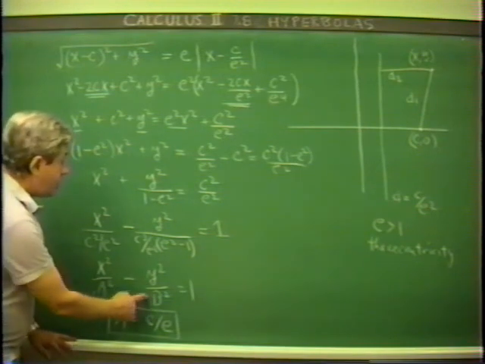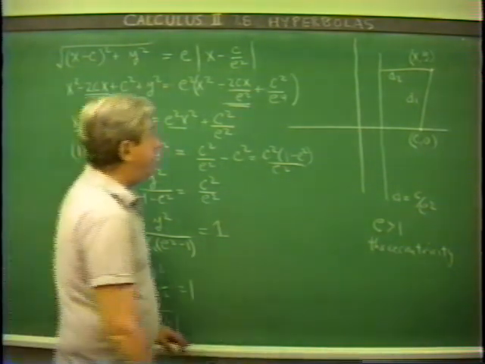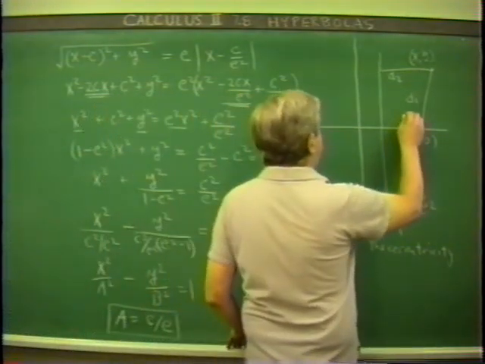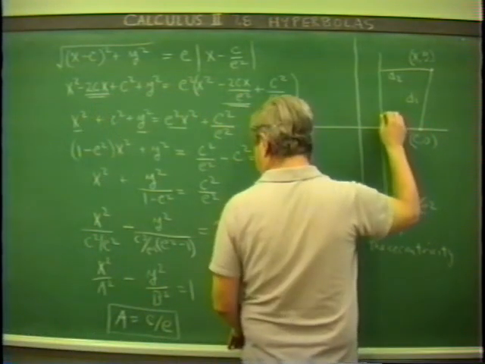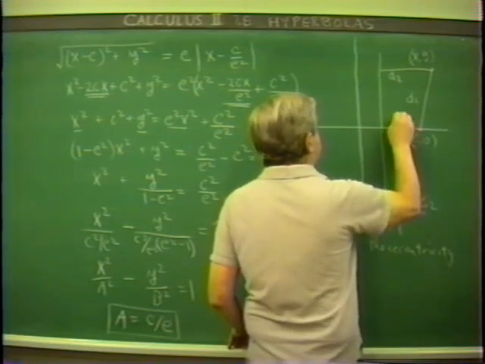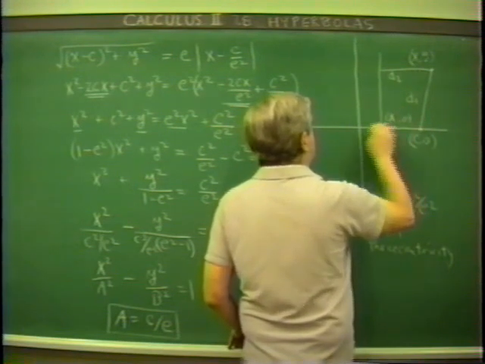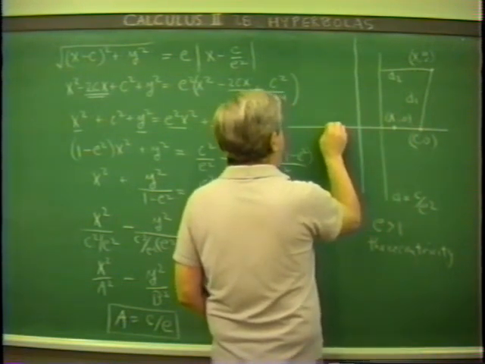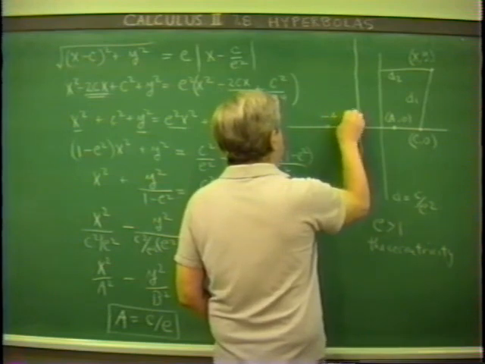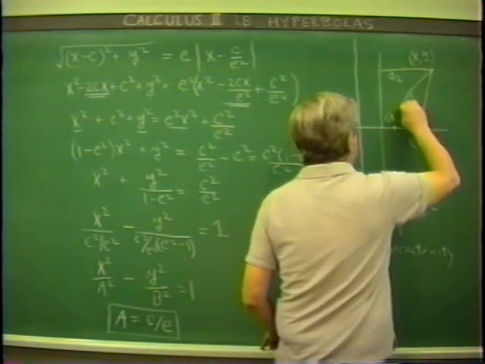That's one important equation here. I can graph a couple points on this fairly simply by letting y equal 0, in which case when y is equal to 0, x is plus or minus a. So I have these points here, plus or minus a, 0, and here would be minus a, 0.